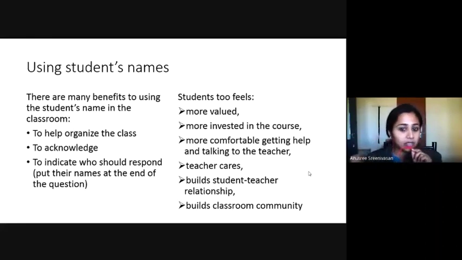Okay, now using student names is not only good for the teacher, it is also beneficial for the students, because many researchers have looked into what a student feels if a teacher knows their name. The students feel more valued. The student feels like, oh, the teacher knows my name. Now that itself is a feeling. I'm sure you too have gone through that feeling. And the student feels more invested in the course.